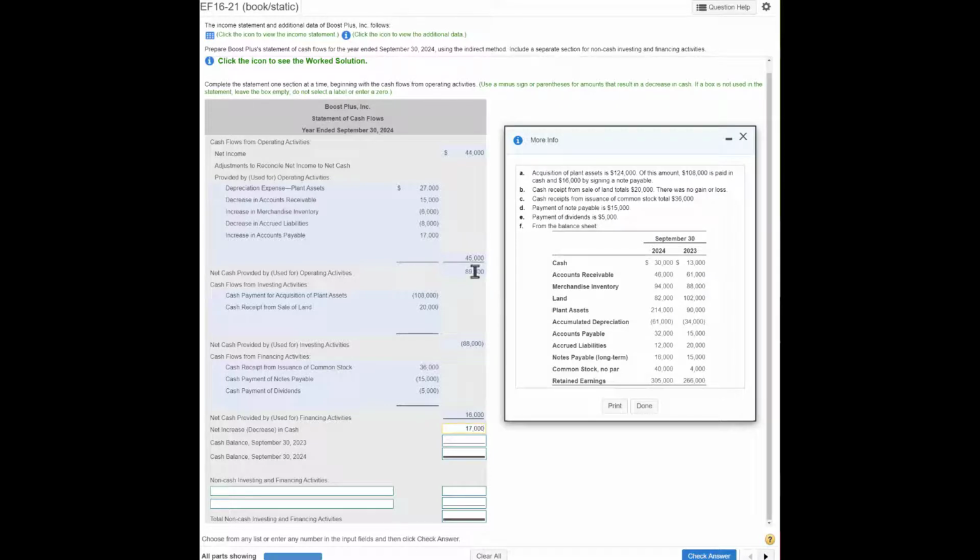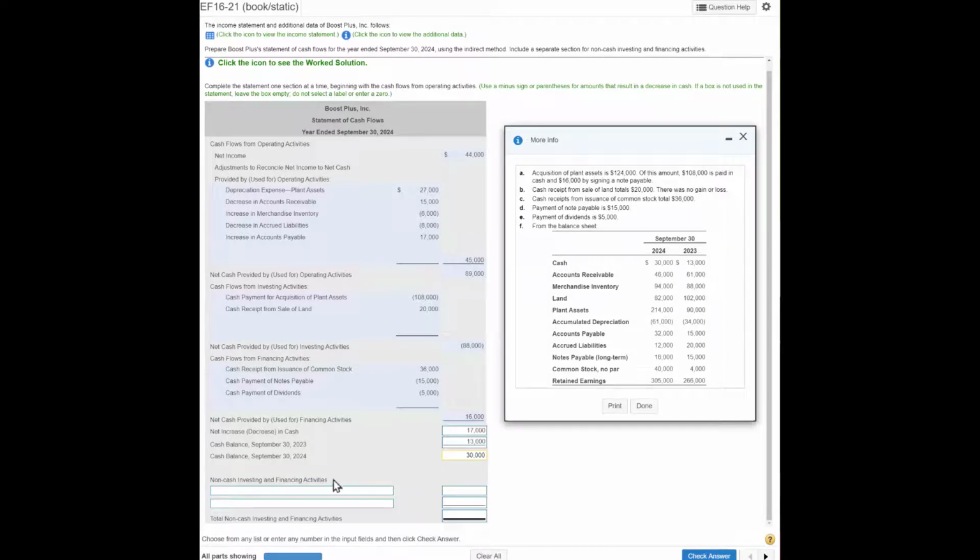We're going to take 89,000 and add the three sections. So 89,000 minus 88,000 plus 16,000 gives us 17,000. Then next they ask us what was last year's cash balance. Copy and paste, 13,000. What is this year's ending cash balance? 30,000.